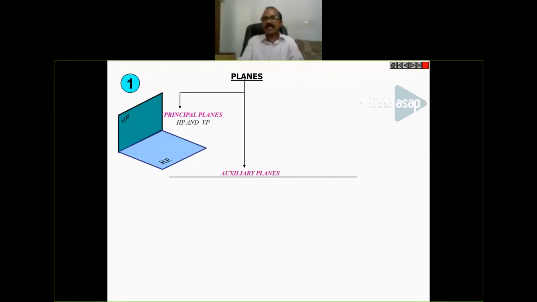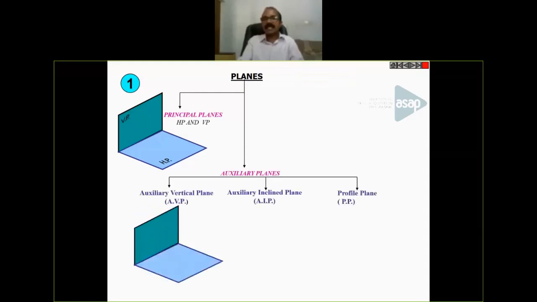So first one is the auxiliary vertical plane, and here you can see, this one is the vertical plane, this one is the horizontal plane.